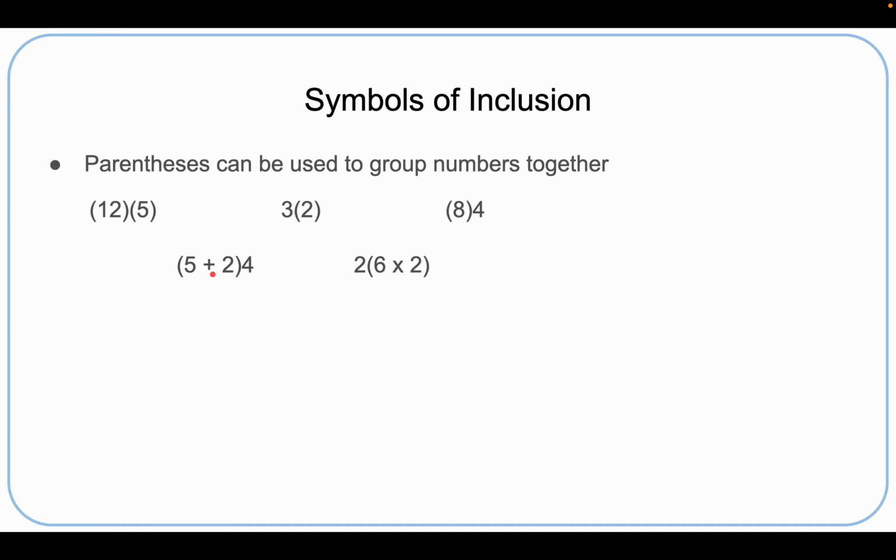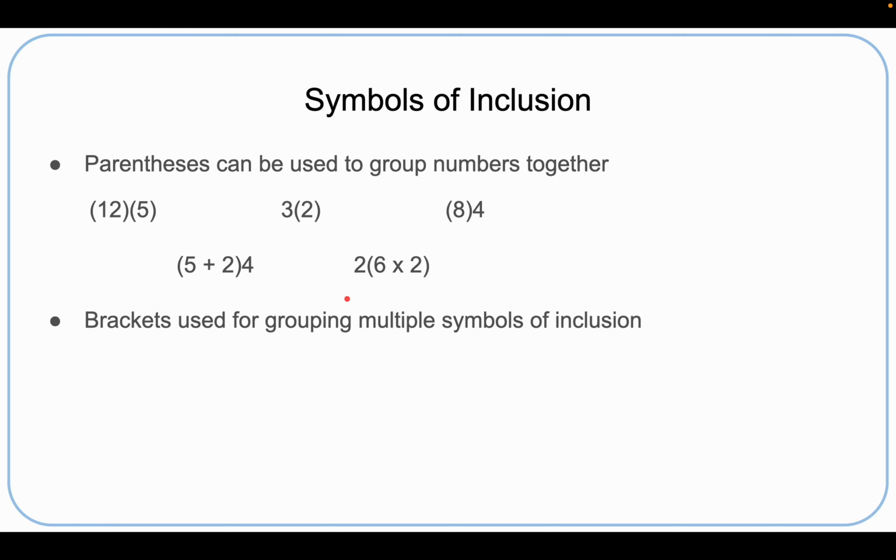But we can also use parentheses to group numbers together. So we have 5 plus 2 in parentheses, and then multiplied by 4. 6 times 2 in parentheses, and then multiplied by 2. And then we can also use brackets for grouping multiple symbols of inclusion. So that would look like this, where you have 2 sets of parentheses here, and then grouped inside of brackets.